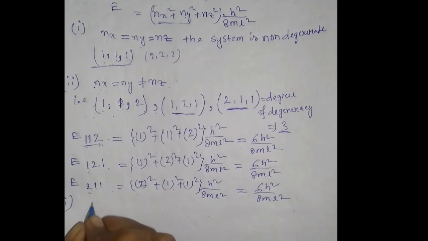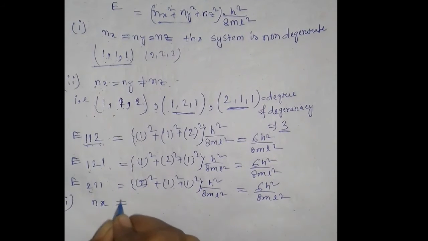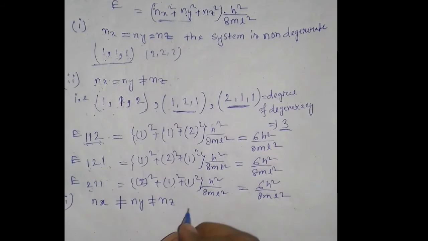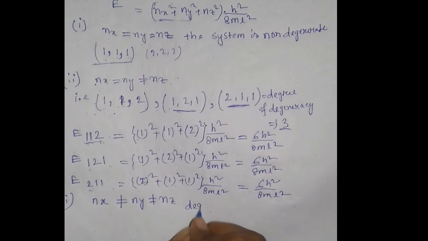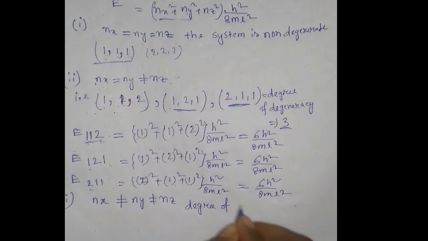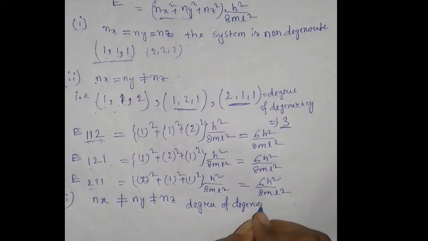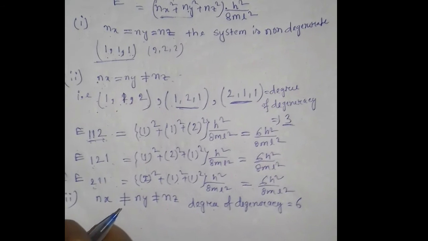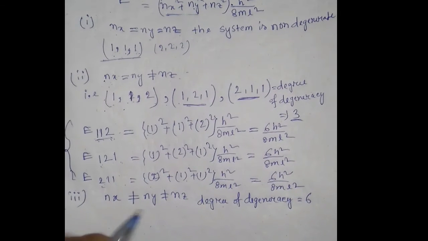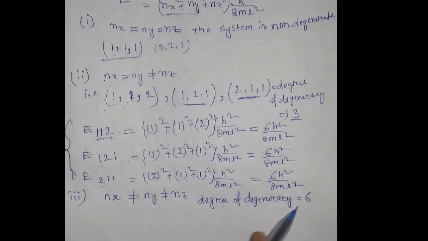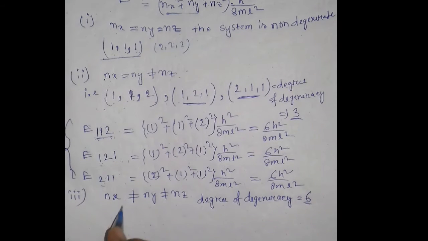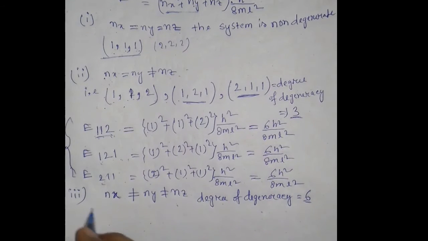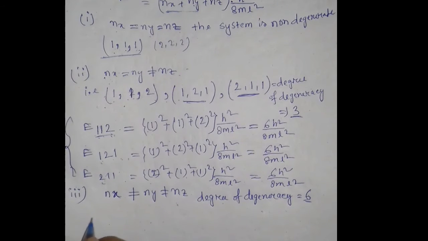In the third case, when nx not equals ny not equals nz, the degree of degeneracy is 6. Let's check how we can get the degree of degeneracy 6.